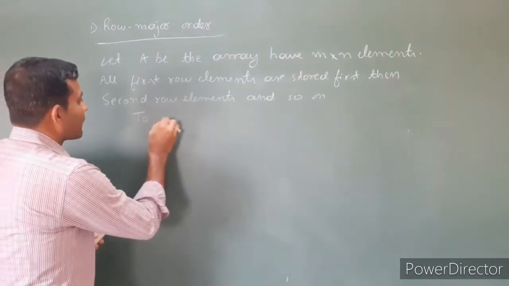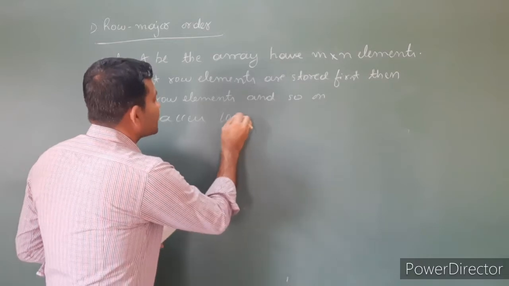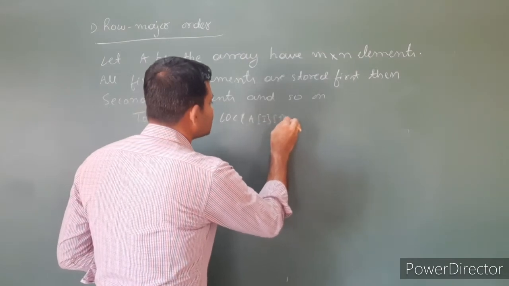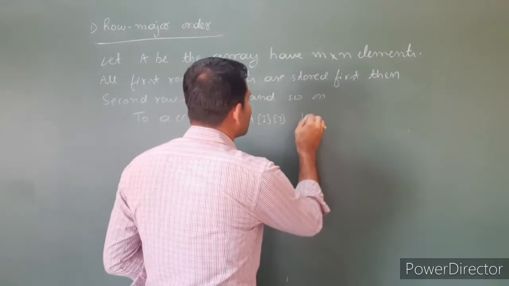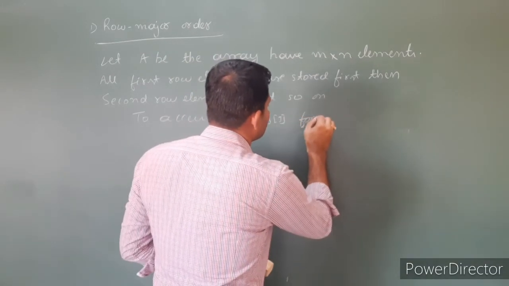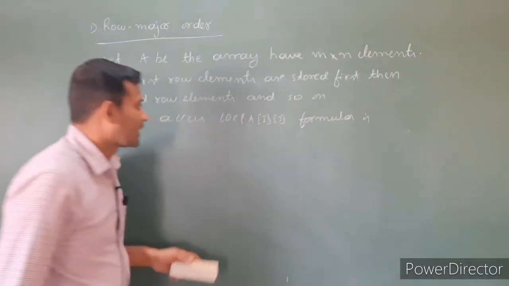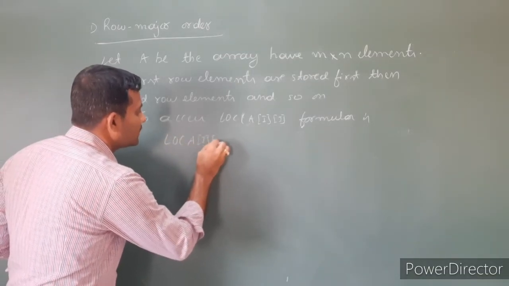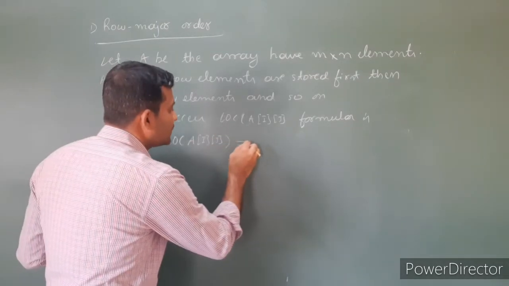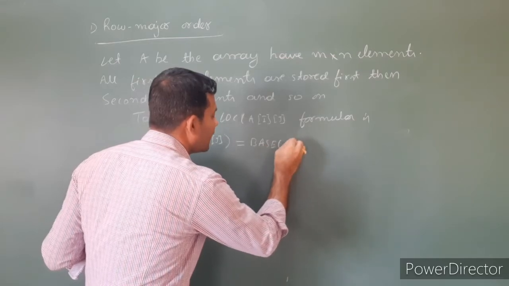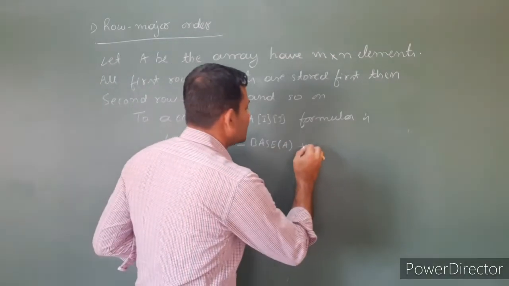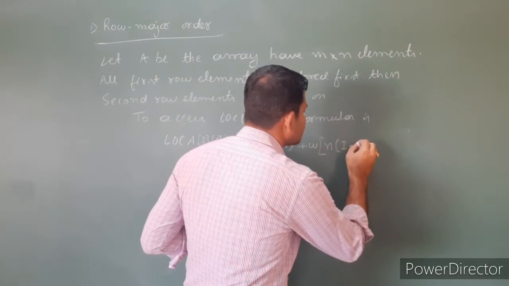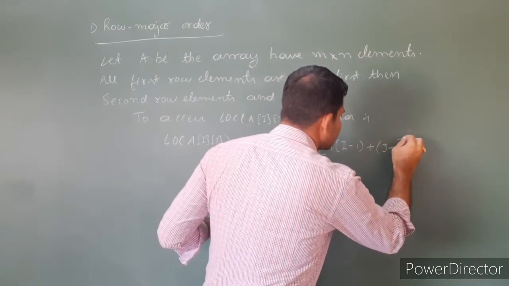That is, to access the location of any element, LOC, location of A of ij, the formula is: location of A of ij is equal to base address of A, base address of the array, plus w of n into i minus 1 plus j minus 1.